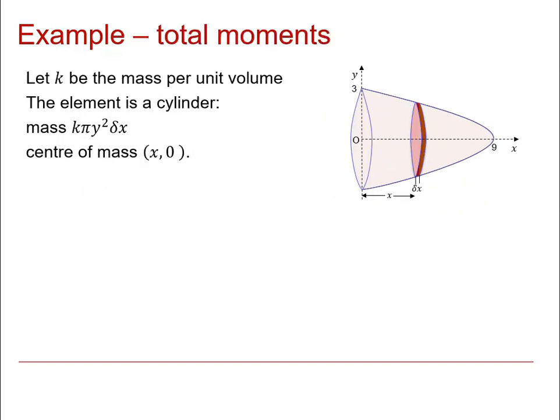So let's have a look then at what we do first with the mass, given that we've introduced the mass per unit volume, k by pi y squared delta x. We add lots of those elements up and let delta x tend to 0.